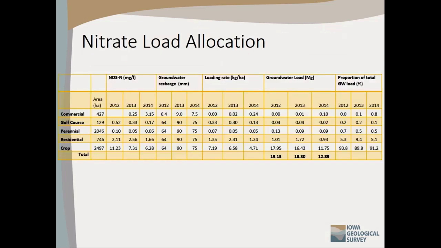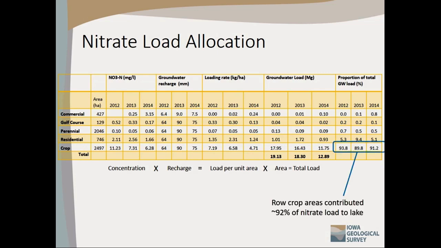And you come up with how much of the loading in that watershed area was coming from different land covers. So in this case, concentration, recharge, load per unit area, and you multiply that load per unit area by how much of that land cover is associated with the area, and you get a sense for how much of that load is coming from different land covers.